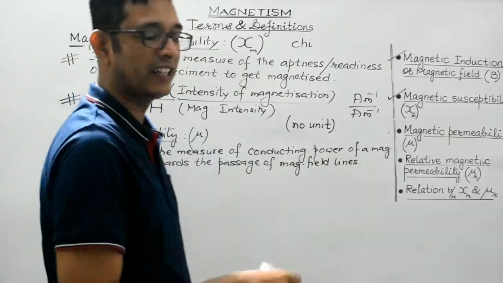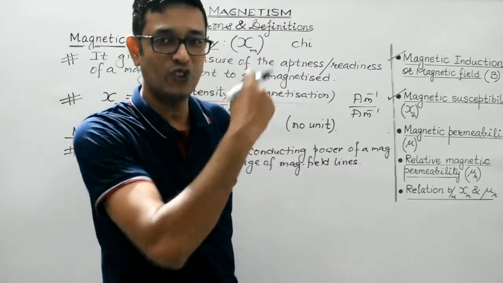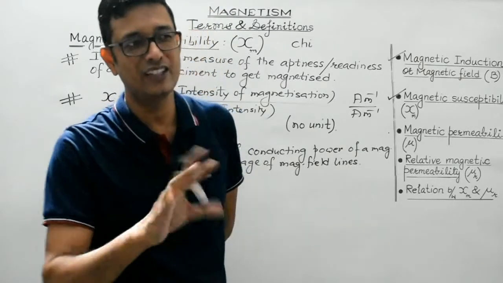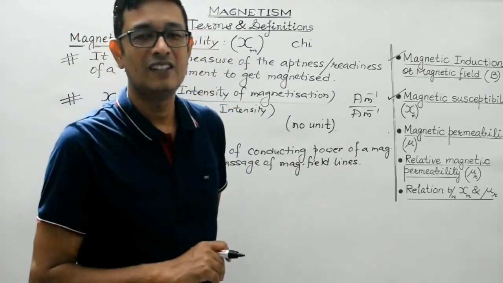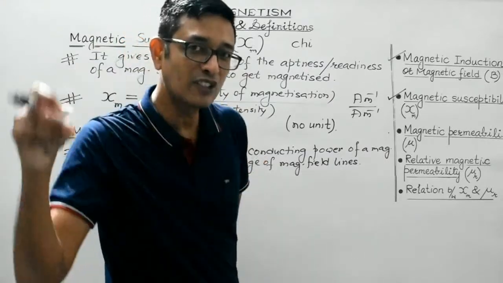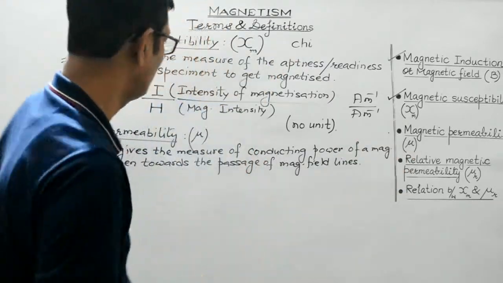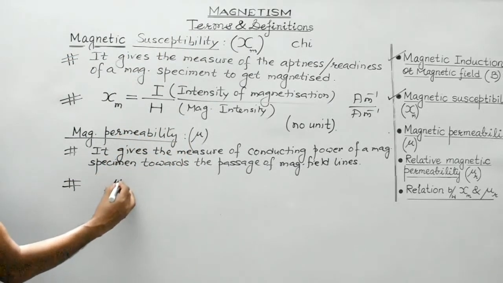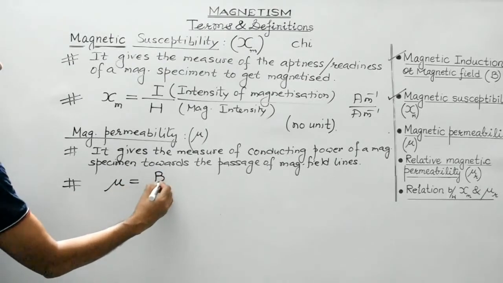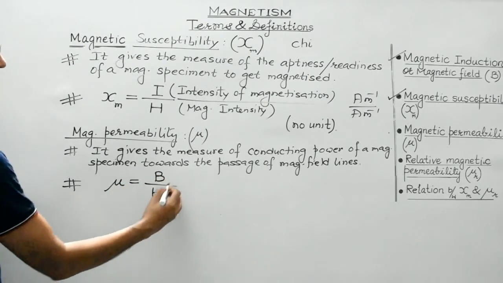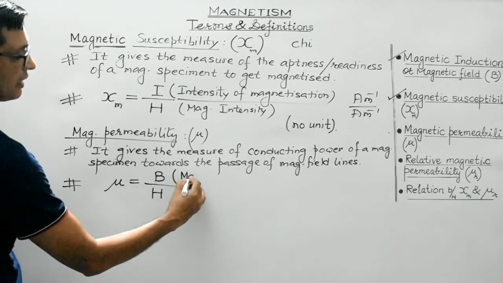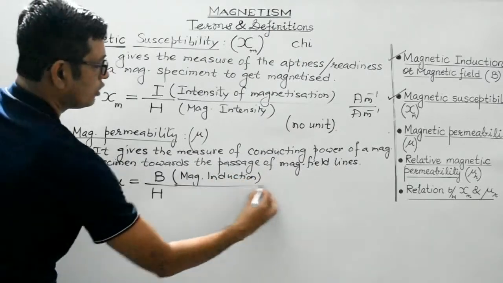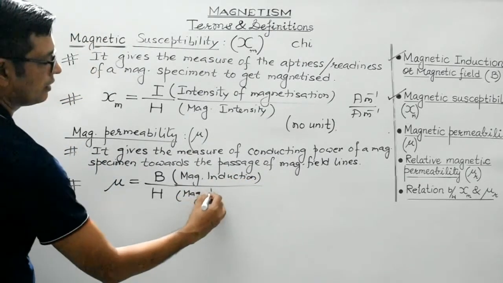So how much the magnetic specimen is allowing the field lines to pass through it, that is actually measured by magnetic permeability. So it actually denotes the conducting power for the passage of magnetic field lines through the material of the specimen, right? Now quantitatively or mathematically, this permeability is defined as the ratio of the magnetic induction to the magnetic intensity. So B stands for magnetic induction, just now we have discussed, to the magnetic intensity.